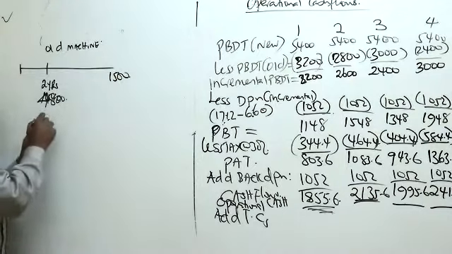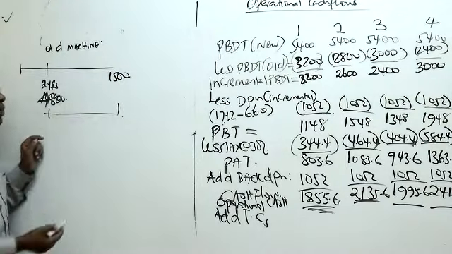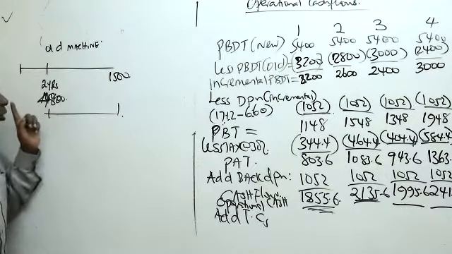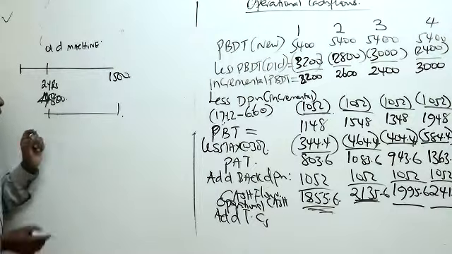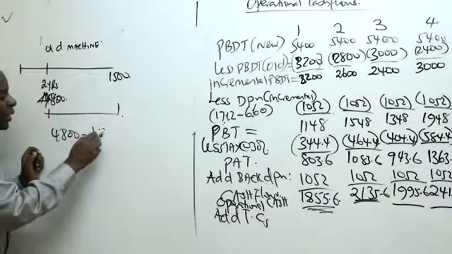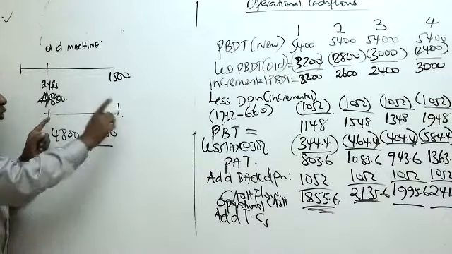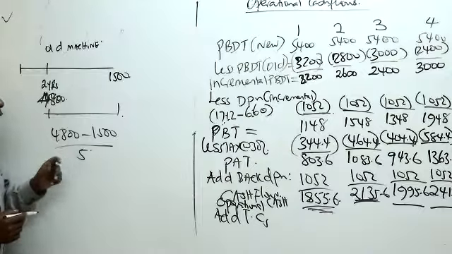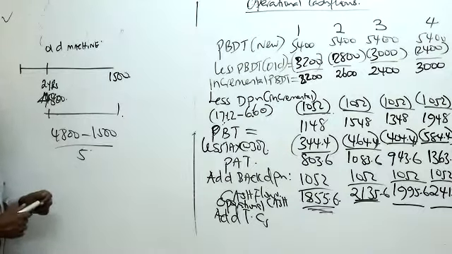So then the question is, how do we get depreciation in between here? We'll take this net book value as the original cost for the period. So the original cost will be 4,800 minus now the scrap value of 1,500 divided by the 5 years. If you do it that way, you'll be able to get 660. Just try and then you tell me.